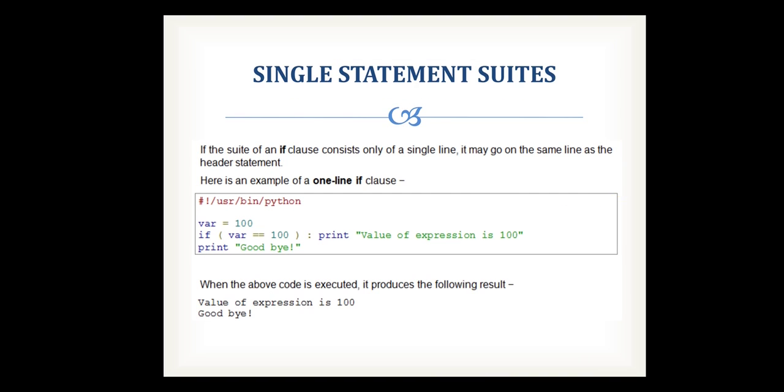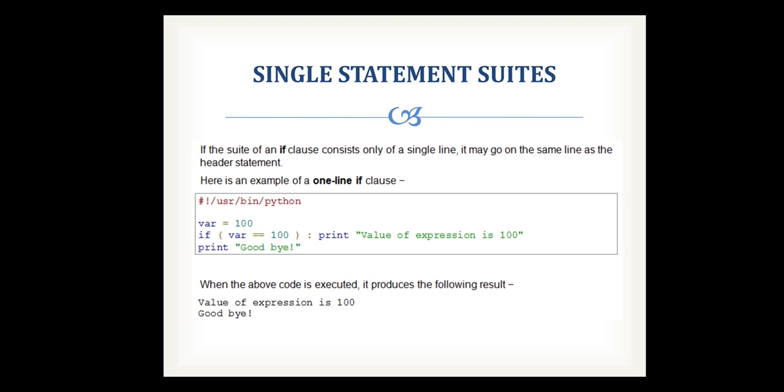Single statement suites. Let's see how the condition works. See the example: if var is equal to 100, if the value of the variable is 100, then it is going to print. A colon is used for a single statement suite. We directly print "value of expression is 100" if the variable value is 100.